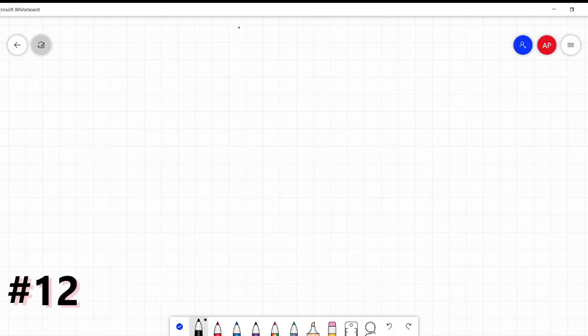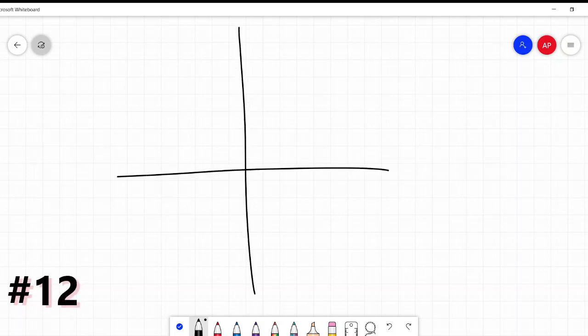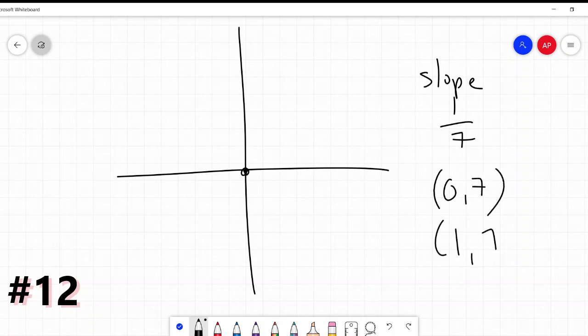Next one, a line in the XY plane passes through the origin and has a slope of 1/7. Which of the following points lies on the line? We are given 0, 7; 1, 7; 7, 7; and 14, 2.